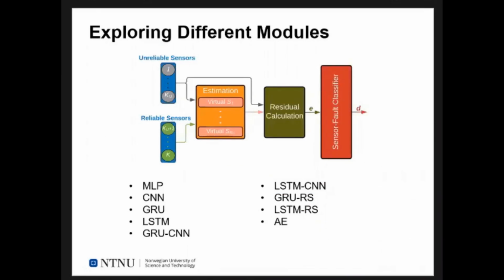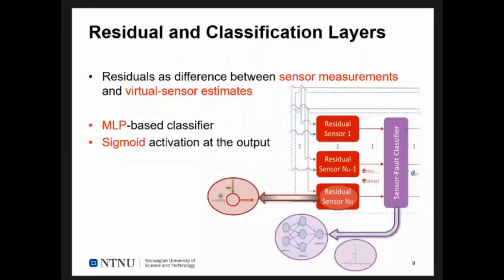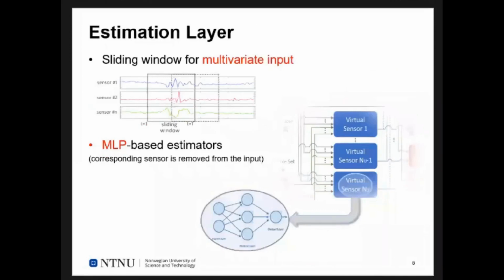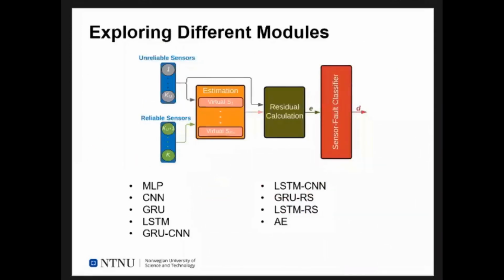What we are doing now is, well, after that, we have been going in different directions and also changing this architecture. But what is presented in the paper here at the Sensor conference is what happens if, instead of considering this multi-layer perceptron for the classifier and for the estimation, we have different combinations based on multi-layer perceptron, convolutional neural networks, gated recurrent units, recurrent neural networks, and other types of networks.